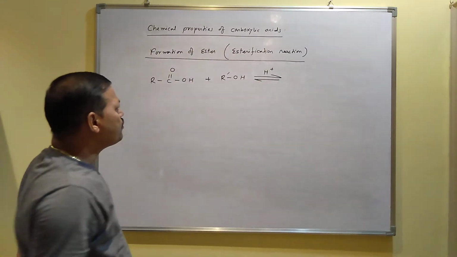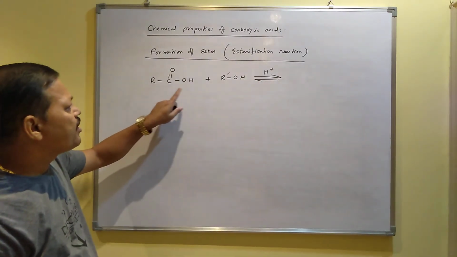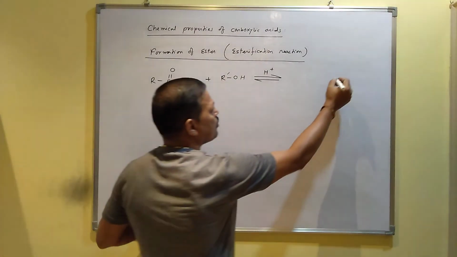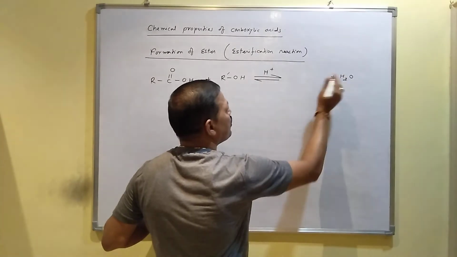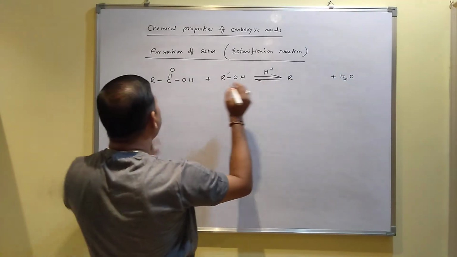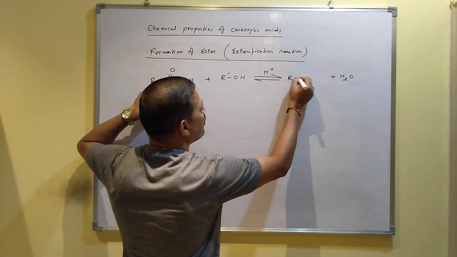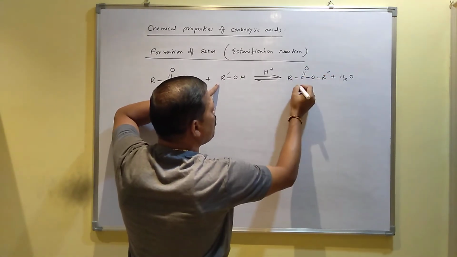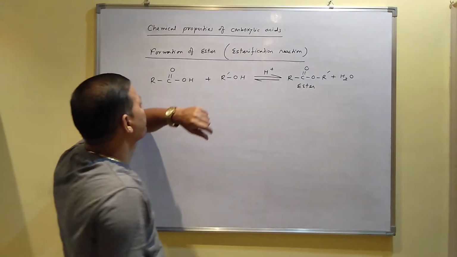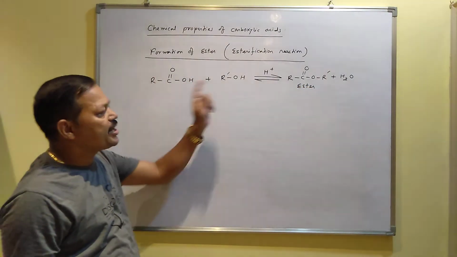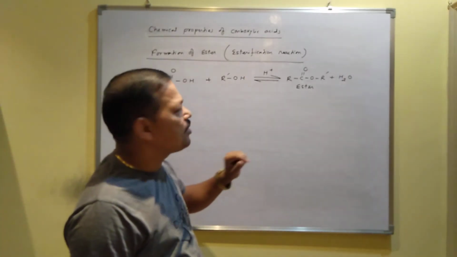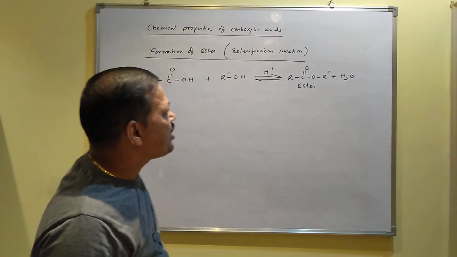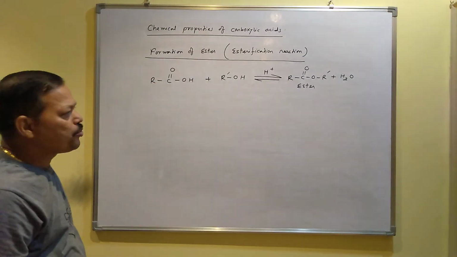Then this carboxylic acid releases H plus and alcohol releases OH minus to produce water, and the product you will get is like this, RCOOR dash, and this compound is called ester. So when carboxylic acid reacts with alcohol in presence of acid, it produces ester and water, and that's why this reaction is called esterification reaction, because ester is produced.